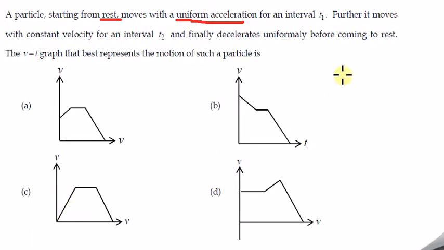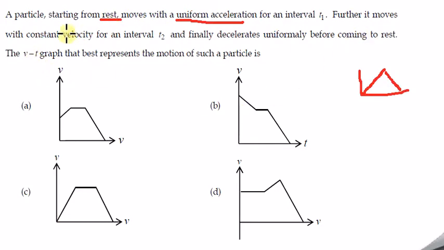Taking the y-axis and x-axis, this is a positive slope, and in the opposite direction it is called a negative slope. So uniform acceleration is represented by a positive slope. This is the exact way of representing uniform acceleration for a time interval t1.